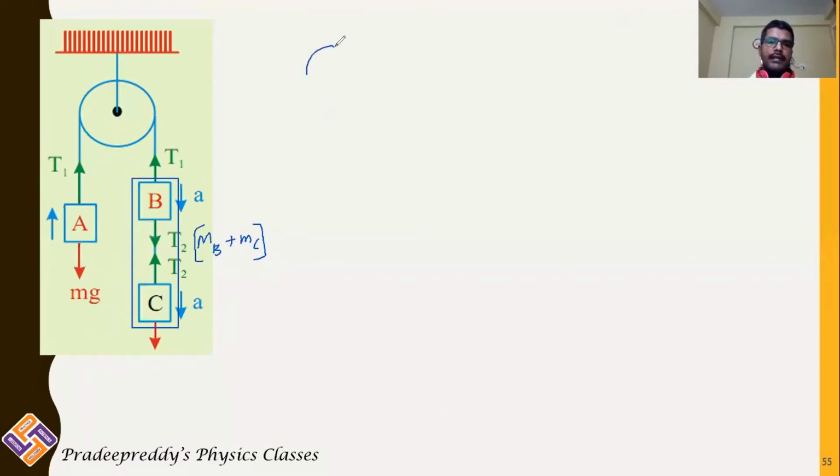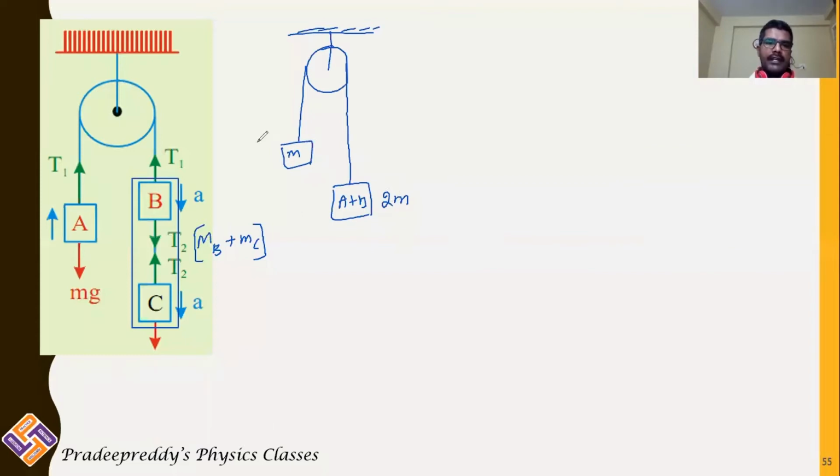So simply, this side it is mass A and this side it is another mass which is mass of B plus C. If all these masses are identical, then this becomes 2 times m and this becomes m.